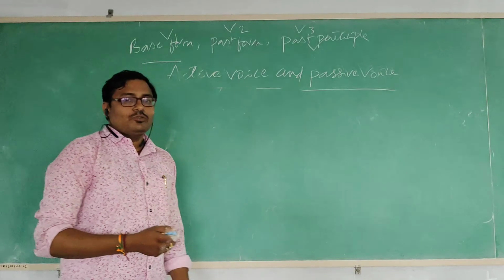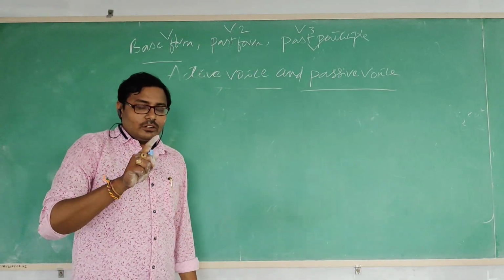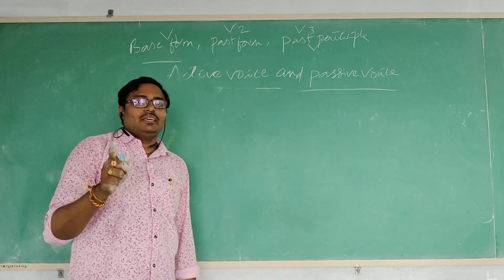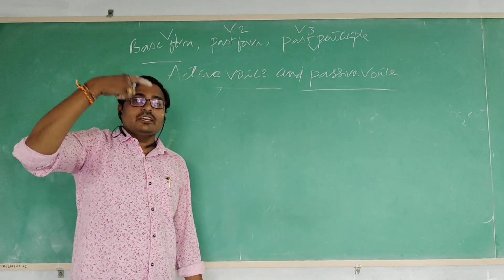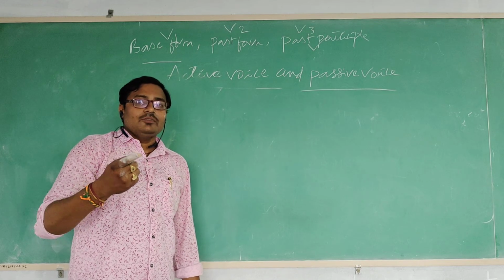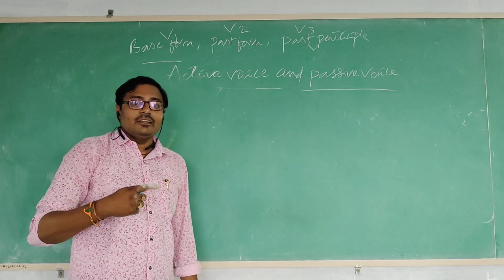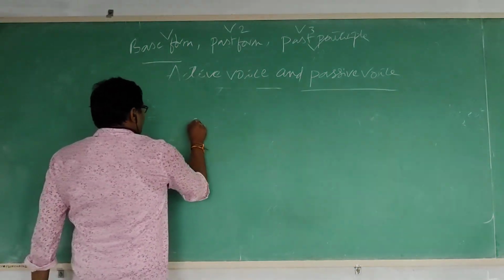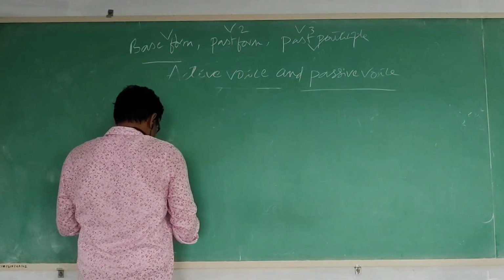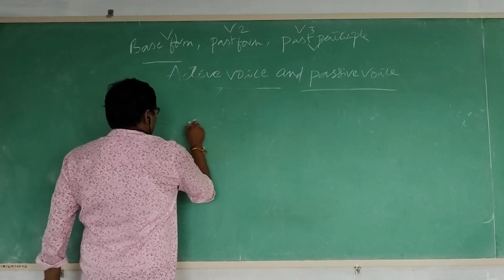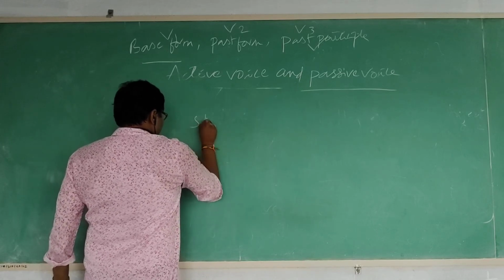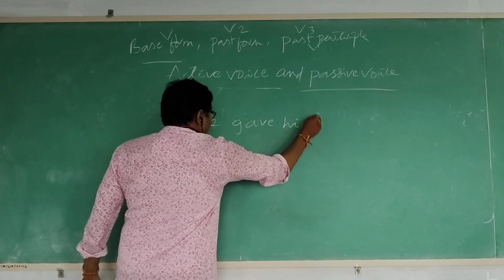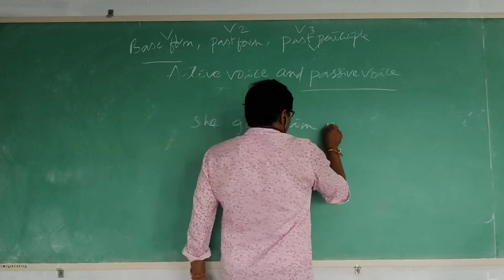Now let us see some other examples here. Generally, we have seen so far the sentences which have one object. If there are more than one object, or if there are two objects, then how can we convert into passive voice? Let us see. She gave him a letter.